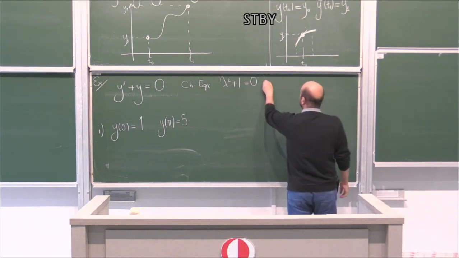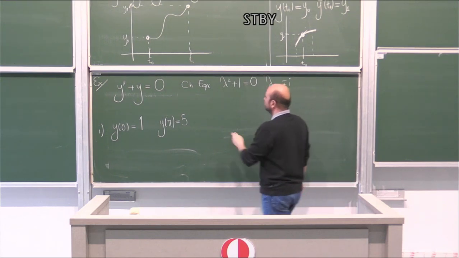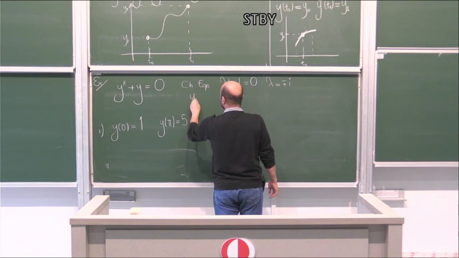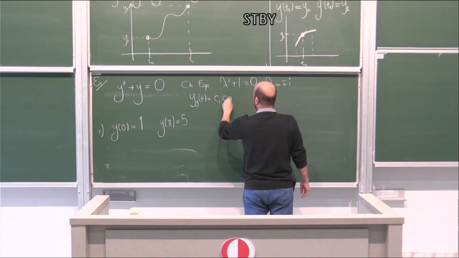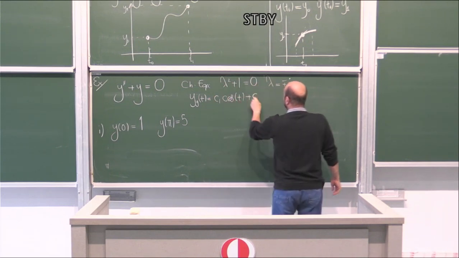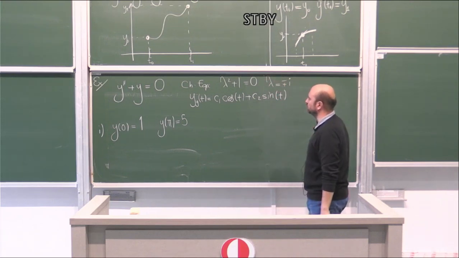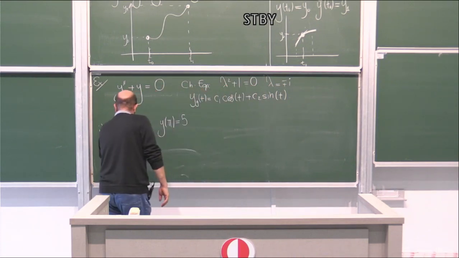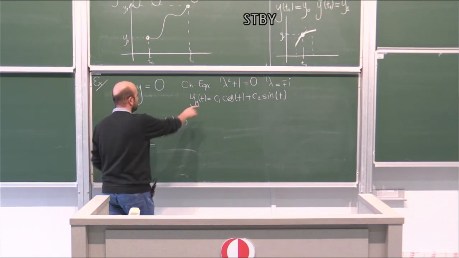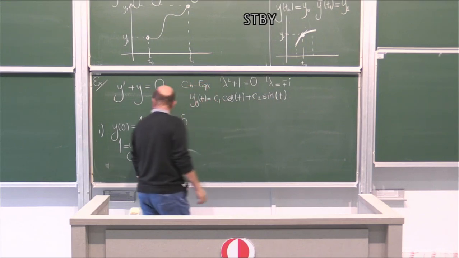So from this, lambda is equal to plus minus i, and so I get the following general solution: C1 cosine t plus C2 sine t. So now this is the general solution. I want to satisfy these conditions. So when I plug in 0, I must get 1. If I plug in 0 here, cosine 0 is 1 and sine 0 is 0. So this is what I get.